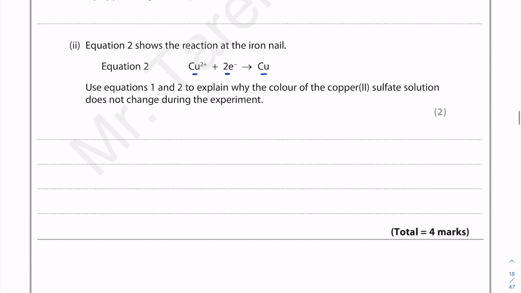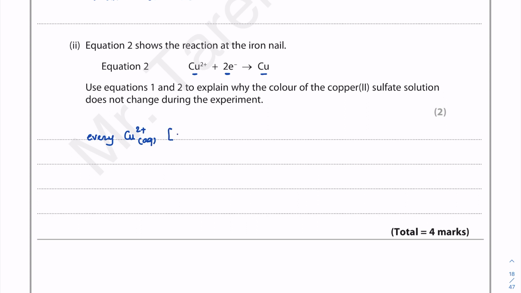يبقى هنا use equation 1 and 2 to explain why the color of copper sulfate solution doesn't change during the experiment. لأن كل كوبر اين تتشال من السوليوشن عند الكاثود ينزل مكانها واحدة ثانية في السوليوشن عند الأنود.